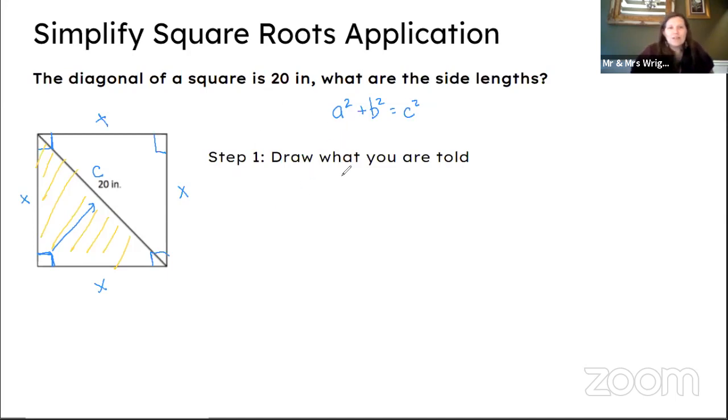So guess what I can do? To fill in this formula, I'm going to put X squared plus X squared equals, what is C? I know C is 20. 20 squared, right? So in order to complete this, the first step I have to do is I'm going to simplify. I'm going to combine like terms on this side.